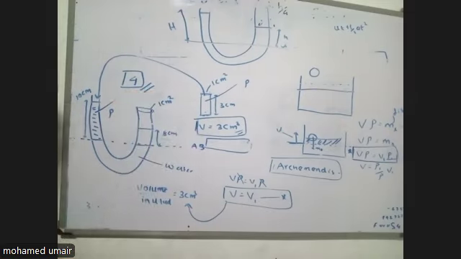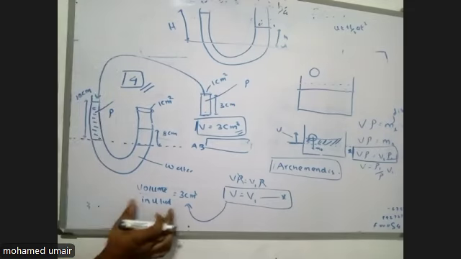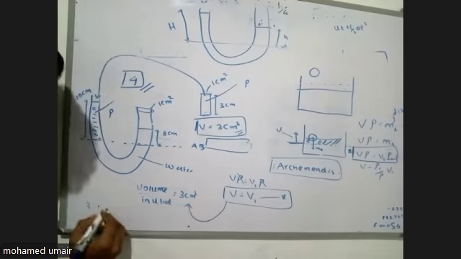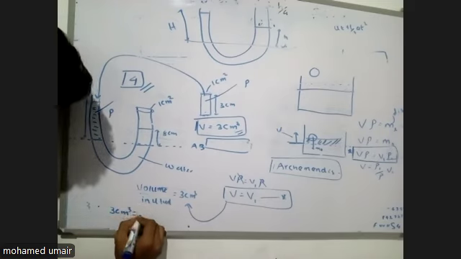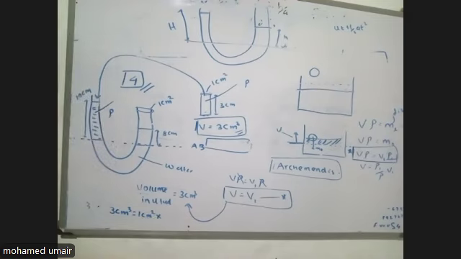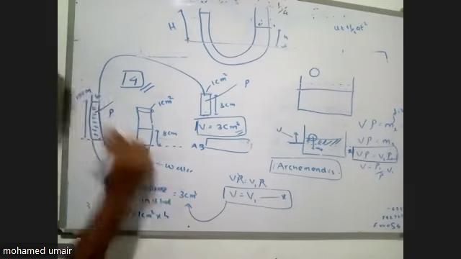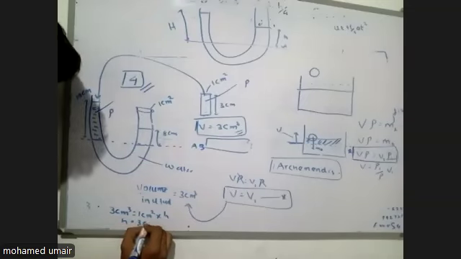So the volume displaced by the U-tube is 3 centimeter cube, which equals 1 centimeter square times the height of this level. So it will be 3 centimeters.